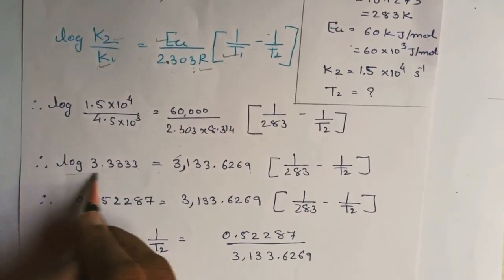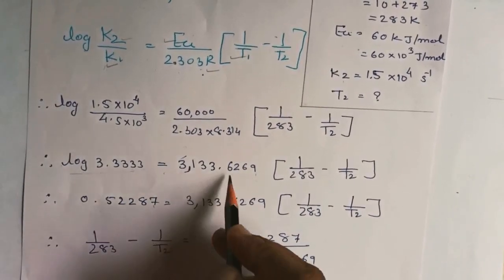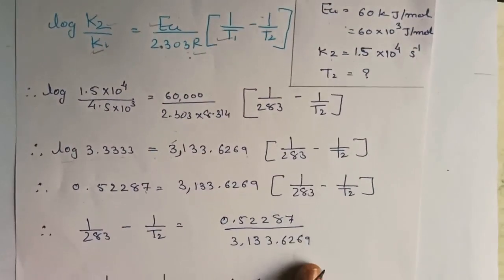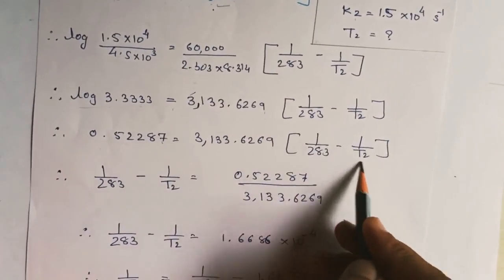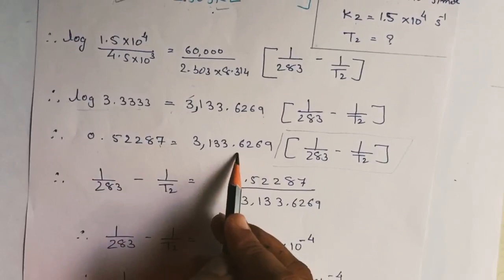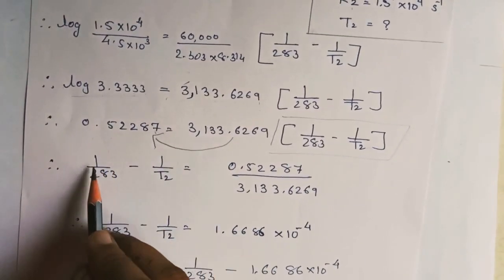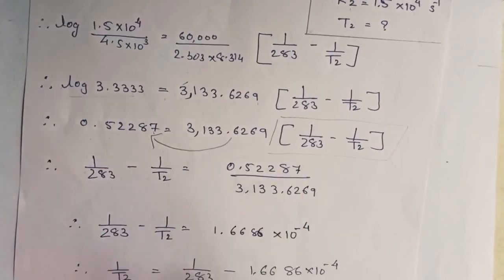Now log of this term is 0.52287, and the right hand side is as above, right? Now we have to find T2, so first of all we take that bracket term into the division, so you will get 1 by 283 minus 1 by T2 equal to that whole term, right?